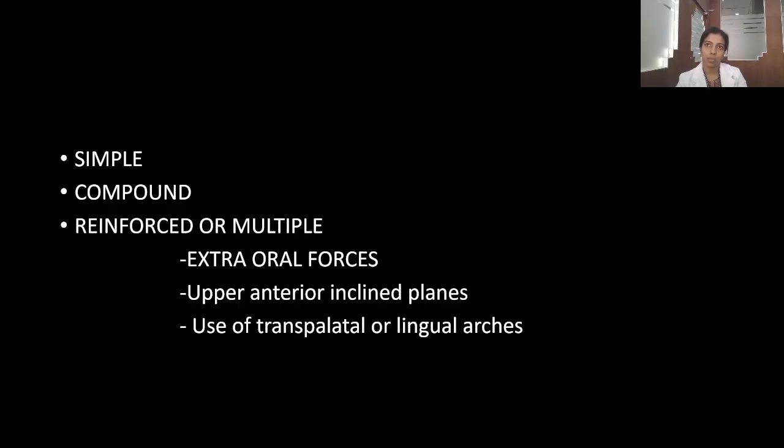They are extraoral structures: parietal bone, frontal bone, occipital bone. We may need to include them in our anchorage situation. So that is known as reinforced or multiple anchorage. We are just reinforcing the anchorage, adding different anchorage units for better anchorage value.